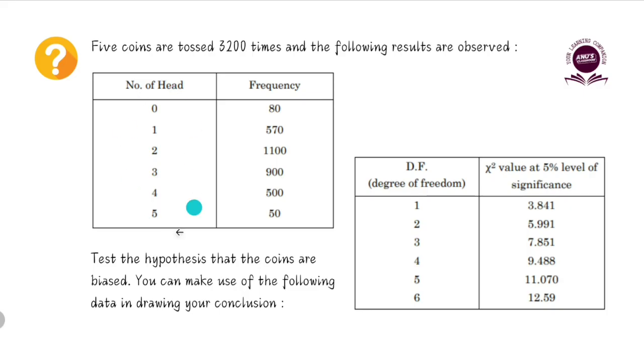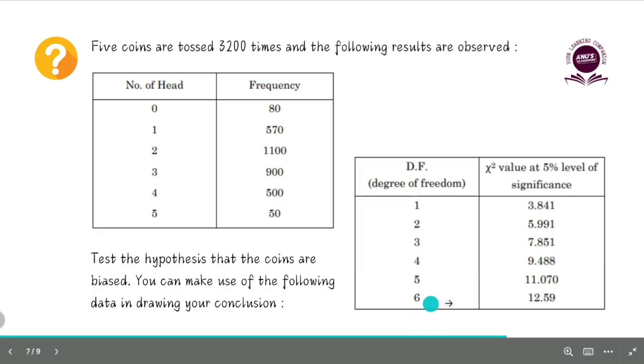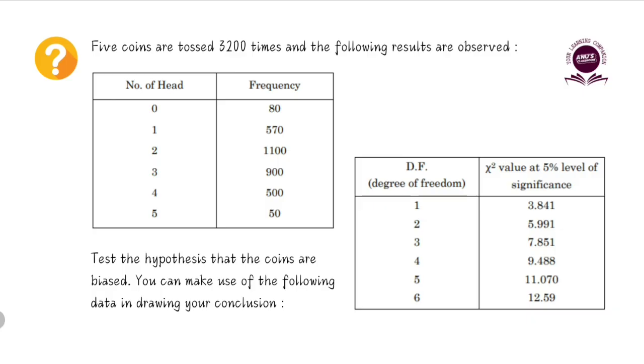From here we have 6 categories, right? 0 heads, 1 head, 2 heads, 3 heads, 4 heads, 5 heads, 6 categories. So what will be the critical value? Sorry, the number of categories is k, we have to subtract 1 from it. df = k − 1. So we have to take this one, the 5. That is what we have to take.